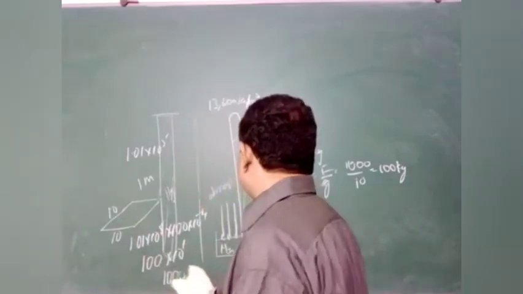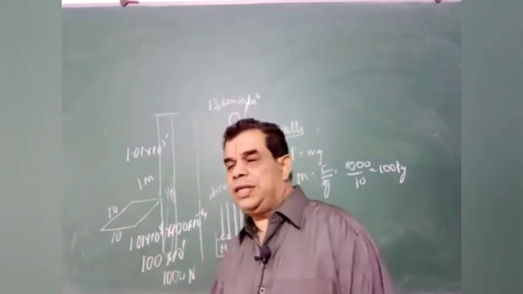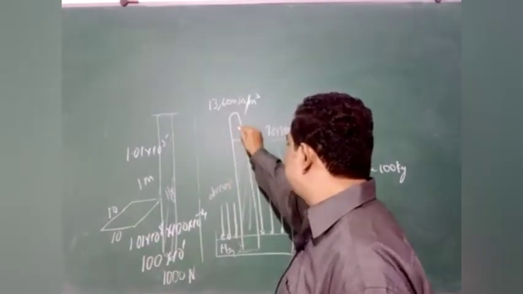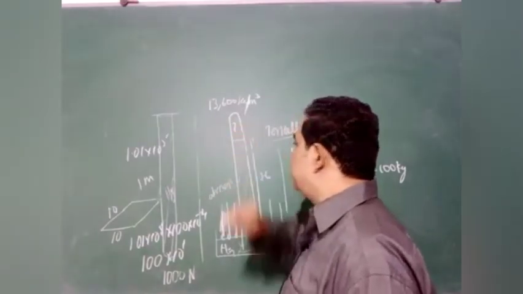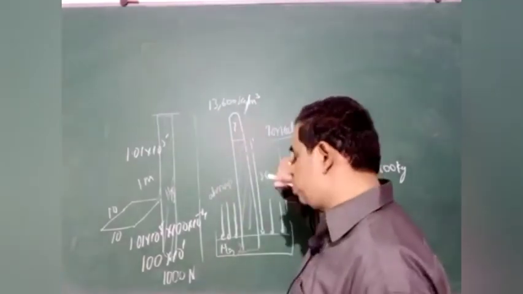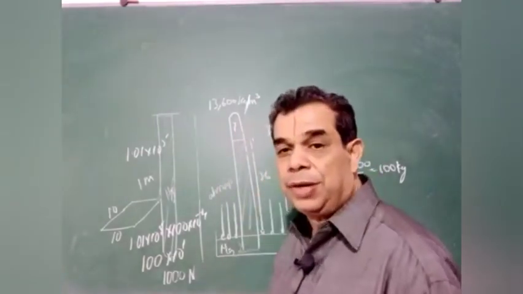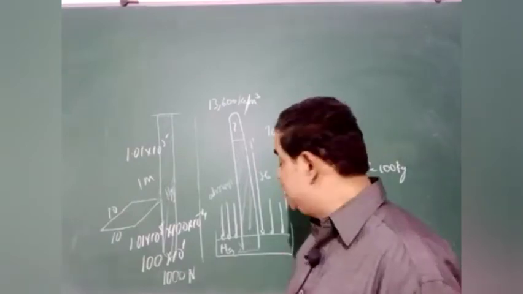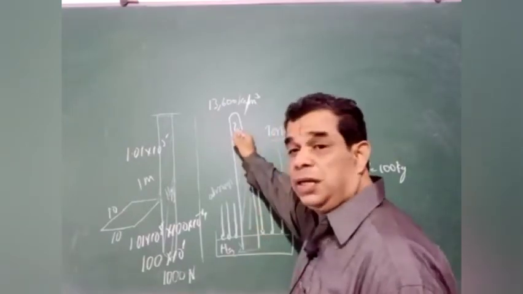With this, observe what is here. The mercury came down up to this and stopped. What is here in the topmost part? Can somebody tell me what is there? Air cannot pass there.